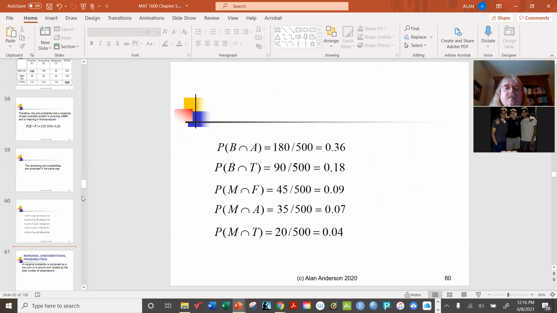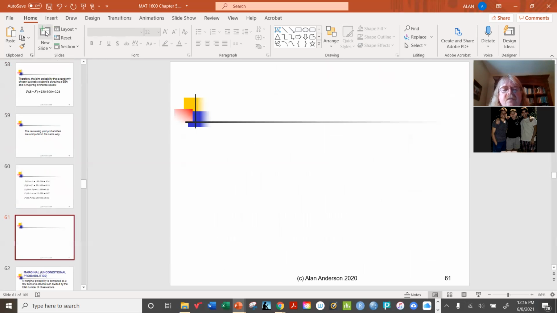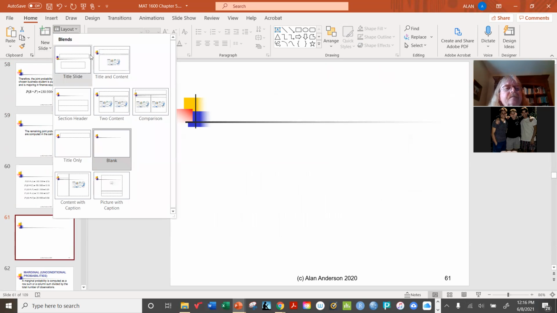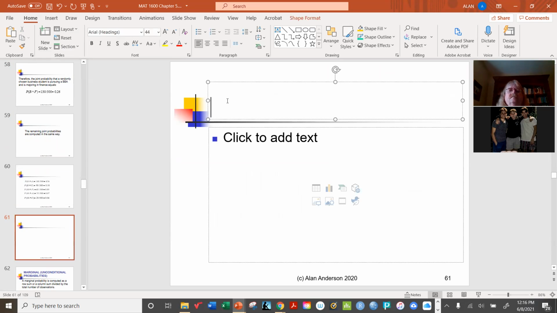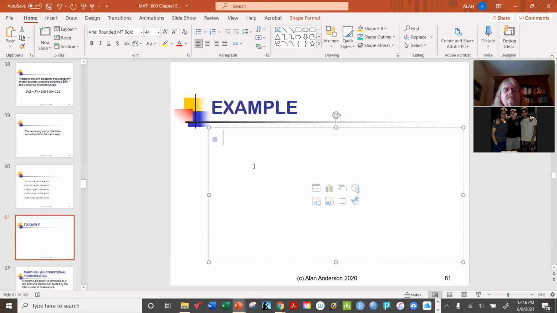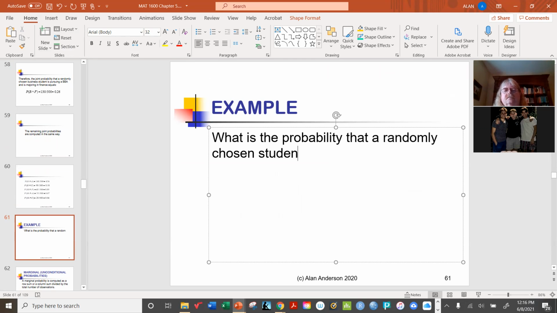Or the probability that a randomly chosen student is getting an MBA. Okay, so here's what you're going to do.